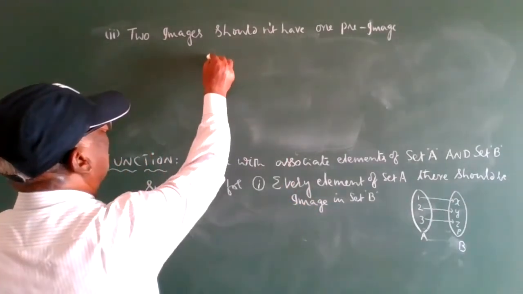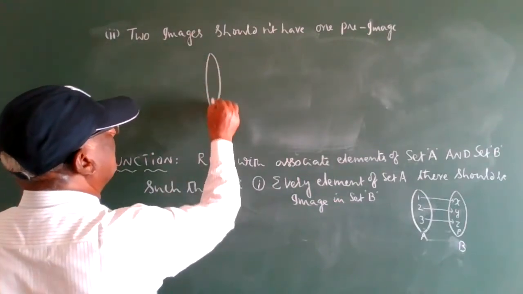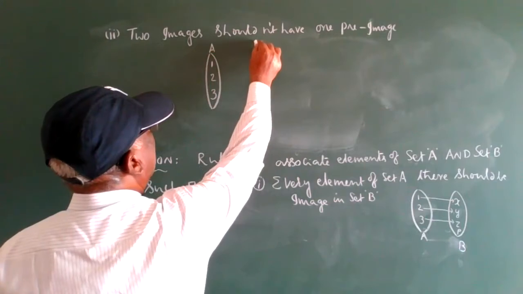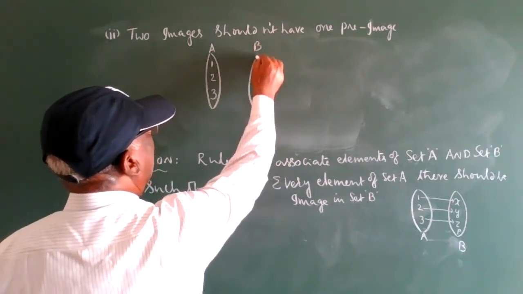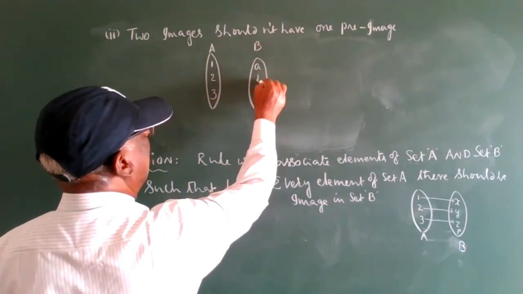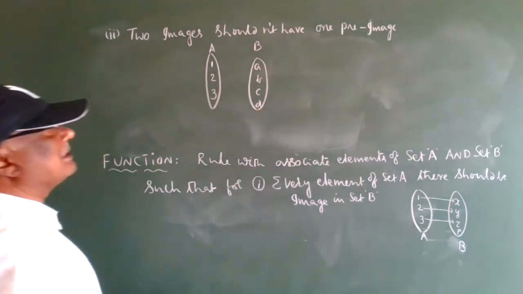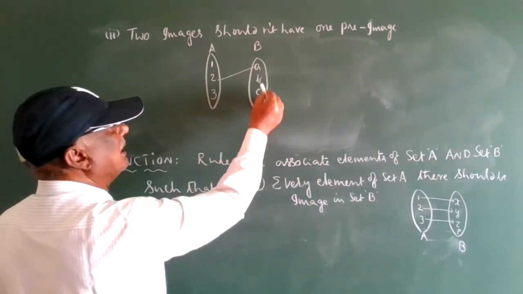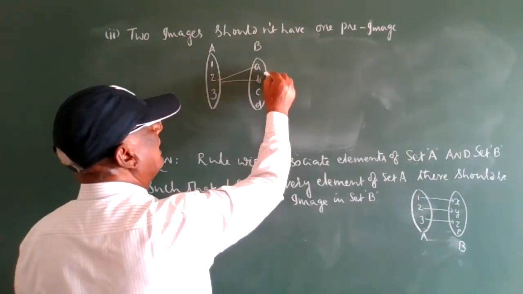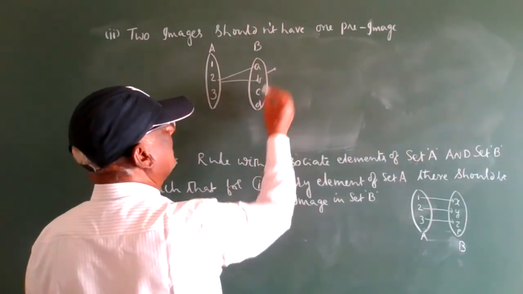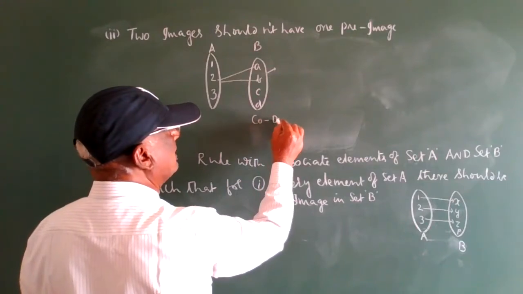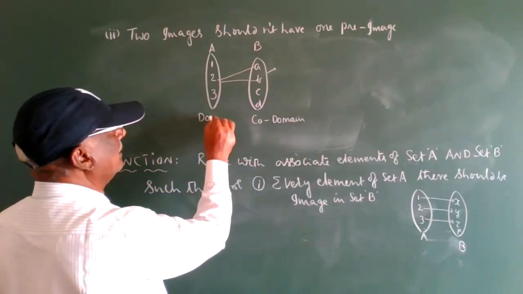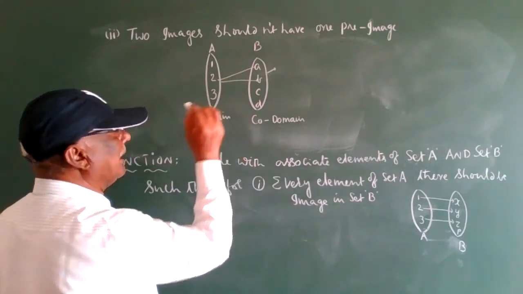So I will draw a figure. Here 1, 2, 3 is the A set, and the B set is A, B, C, D. This is the codomain, and this is the domain.